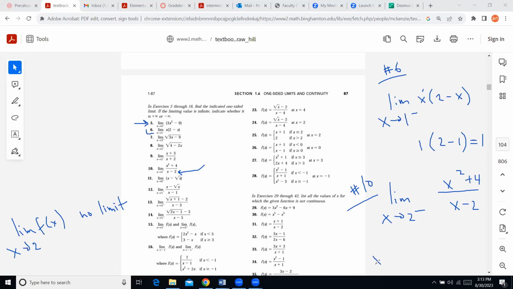Because x minus 2 is actually small. Again, it's small when x approaches 2. See, we don't say x is equal to 2, because when it's equal to 2, you get 0 in the denominator, and that's no good, right?